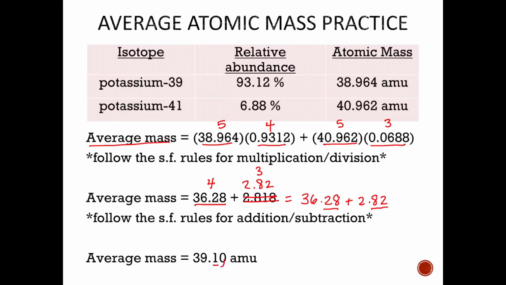So our answer must have 2 numbers past the decimal point. And then always include your units. Our units here are AMU, because that's what we are using up here. AMU stands for atomic mass unit. It's kind of like grams, except really, really small. It's the mass of the atom instead of the mass of a mole of atoms.